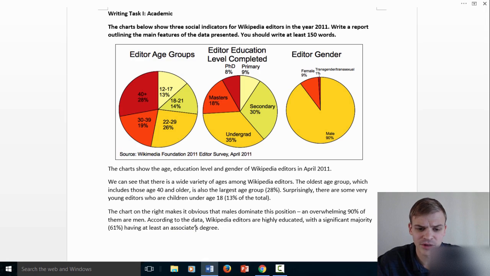How did I get that 61% figure? Well, you can see I just added their 35% undergrads plus 18% masters plus 8% PhD. So all of those people went to college, went to university. And so 61%, that means the majority of these people are well educated. And then as far as the advanced university degrees, it's about 18% masters plus 8% PhD.